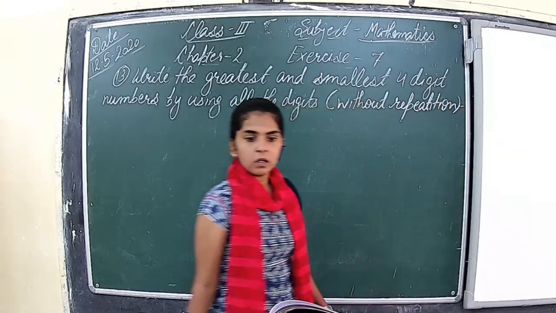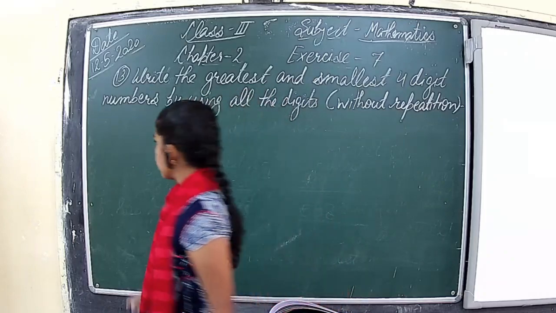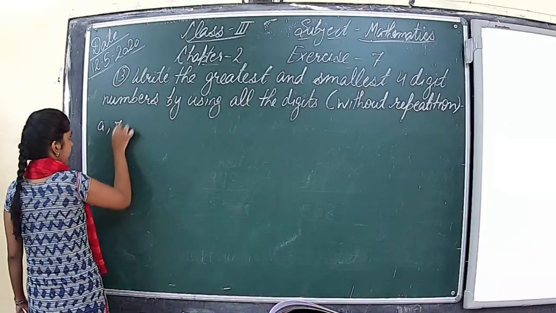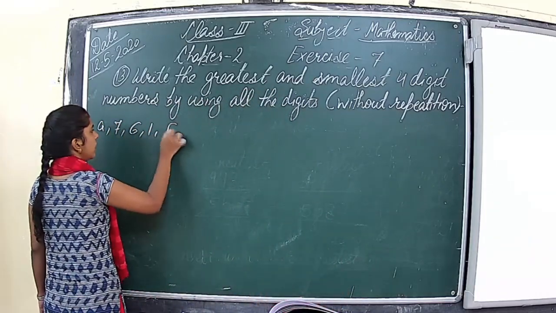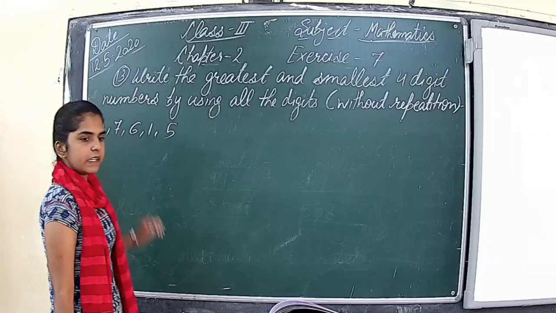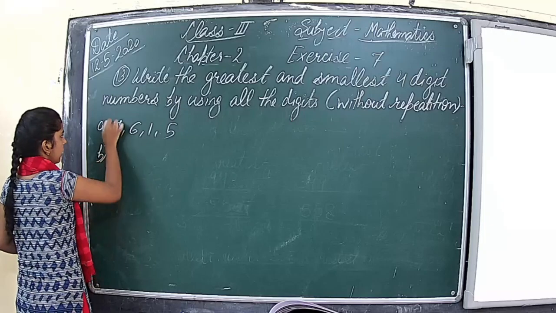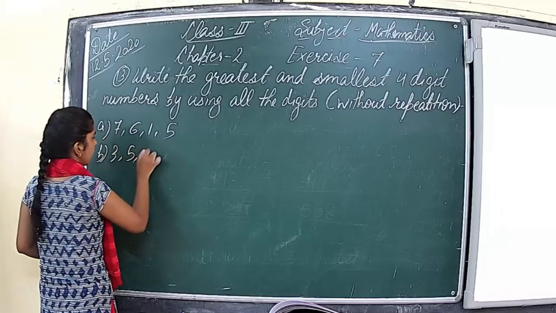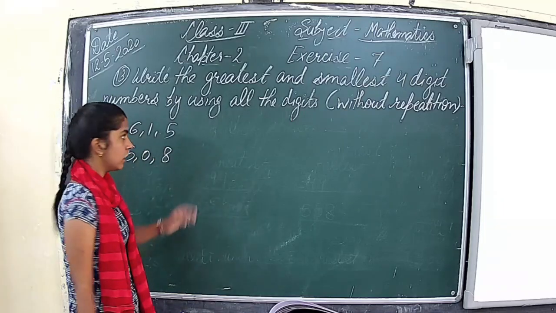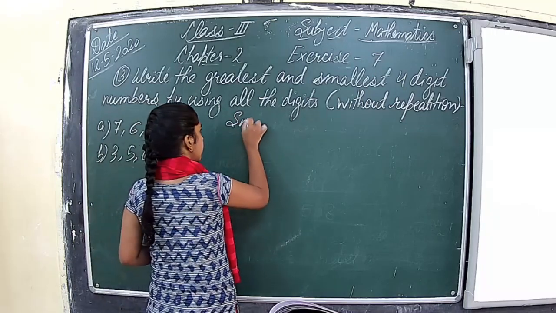First part: digits are 7, 6, 1 and 5. Second part: digits are 3, 5, 0 and 8. So let's start this question.